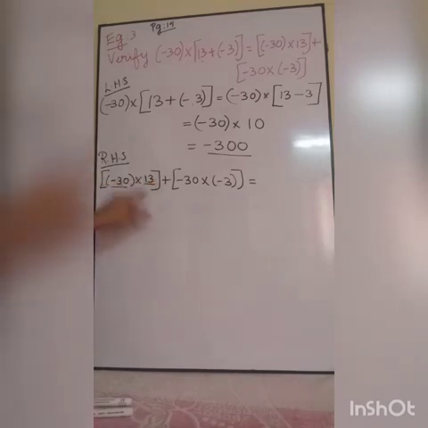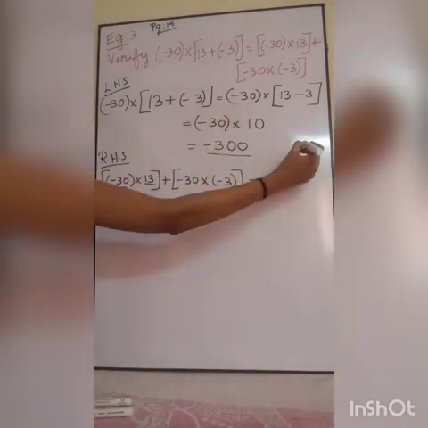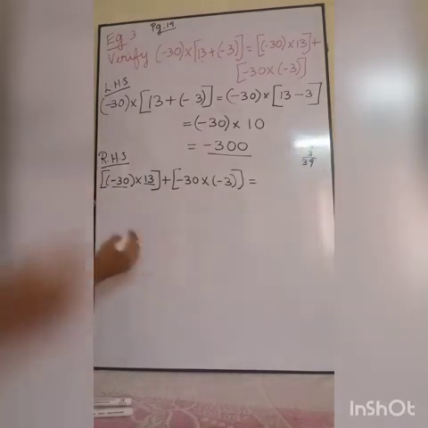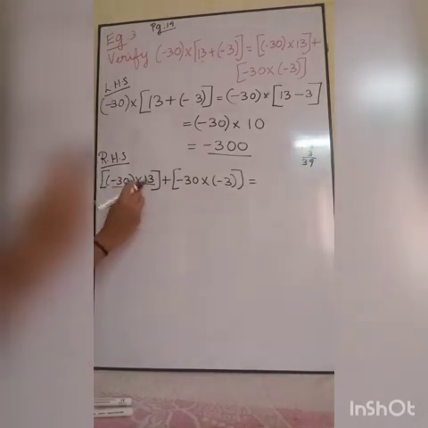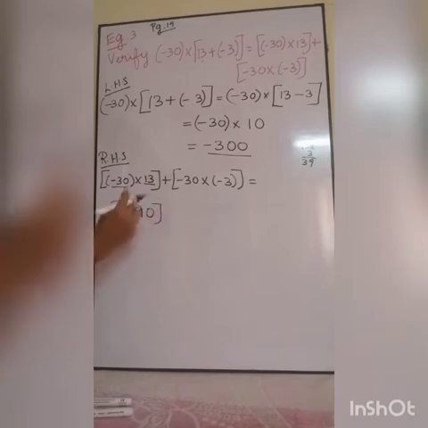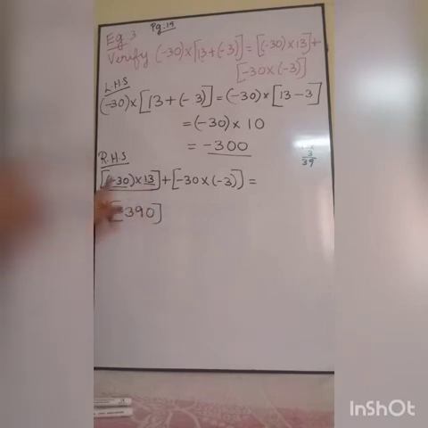So I am going to multiply those two integers. 30 into 13, what is that? 390. Minus into plus, minus. So can we put it in a bracket? Because I have solved this fully, I wrote minus 390.